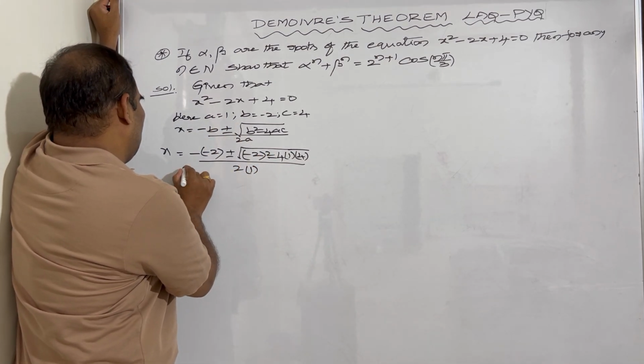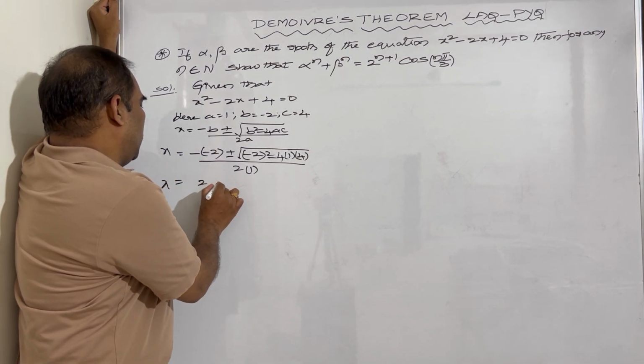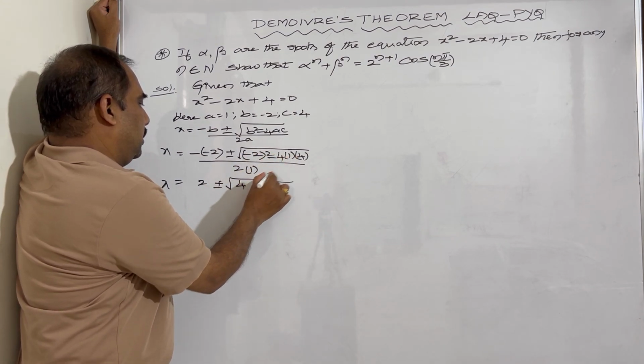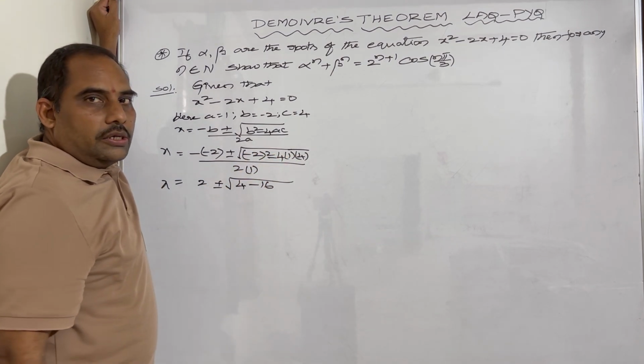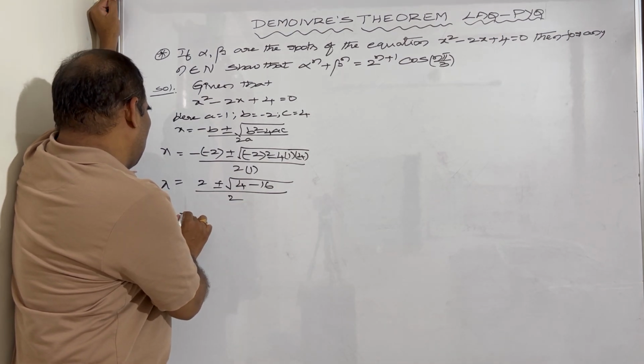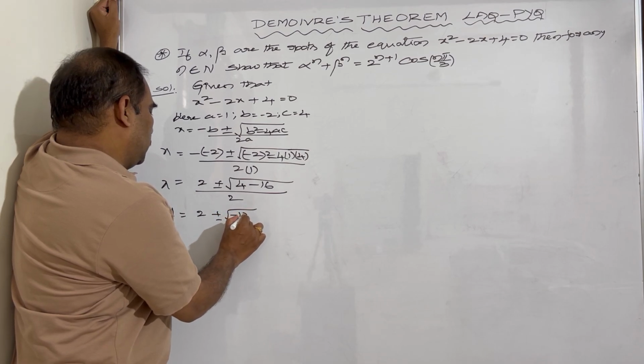So x is equal to 2 plus or minus root over 4 minus 16, whole divided by 2.